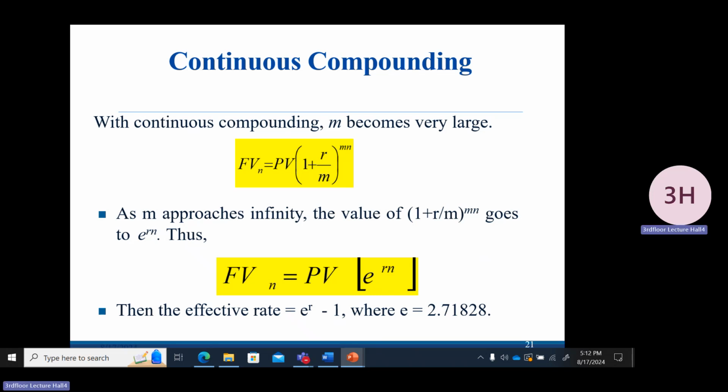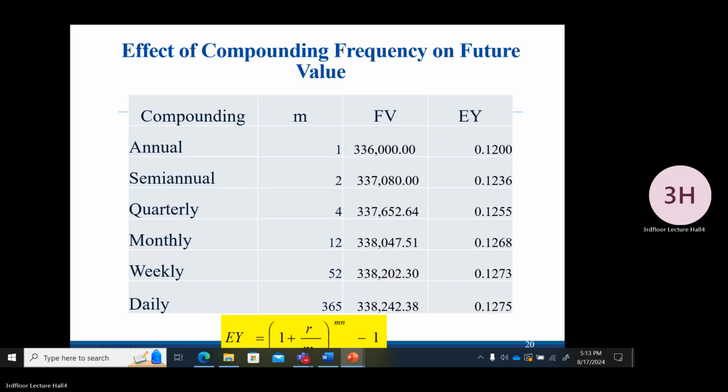With continuous compounding, what is the effective rate? It is 12.74, or 12.75.